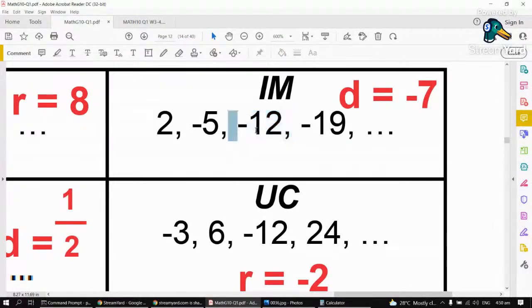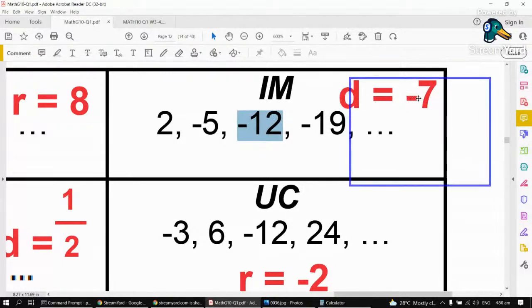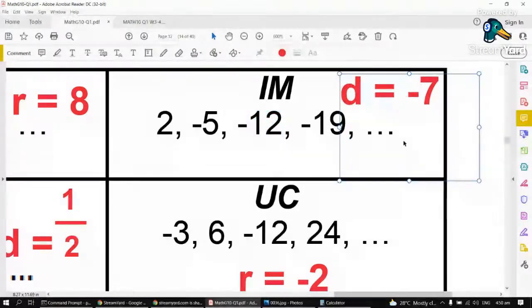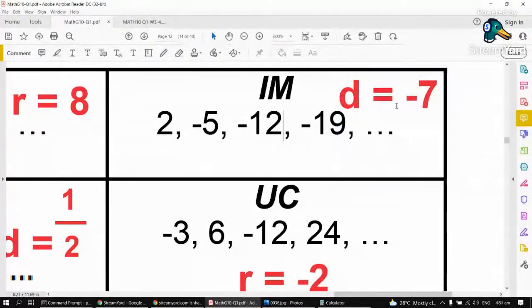And then, itong negative 12, bawasan natin ng negative 7. So, since nasa addition or subtraction tayo, yung negative 12 ay madadagdagan ng negative 7. So, bali, ilan na ngayon ang negative? Kakaroon na tayo ng negative 19. Okay?